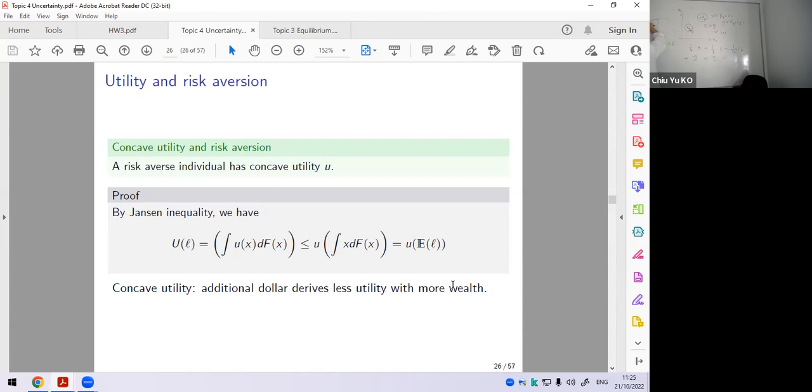So this is the expected utility. The red one is the expected utility because it's just the average of these two. This is the utility of L prime and this is the utility of L double prime.